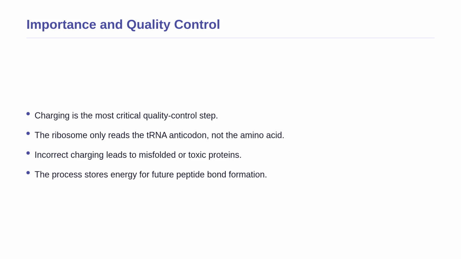If a tRNA is accidentally charged with the wrong amino acid, the ribosome will unknowingly insert the wrong building block into the growing protein chain. This would lead to misfolded, non-functional, or even toxic proteins, causing severe diseases. Furthermore, this charging process stores vital energy in the chemical bond between the amino acid and the tRNA.